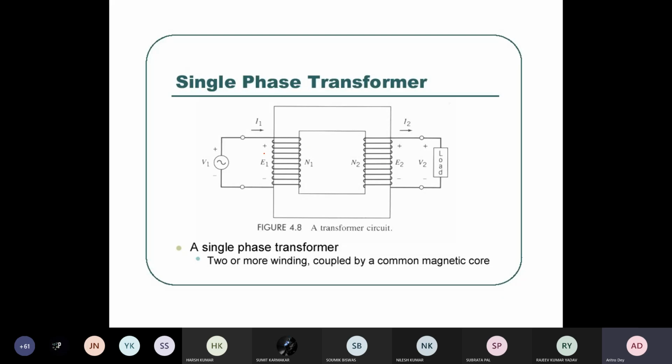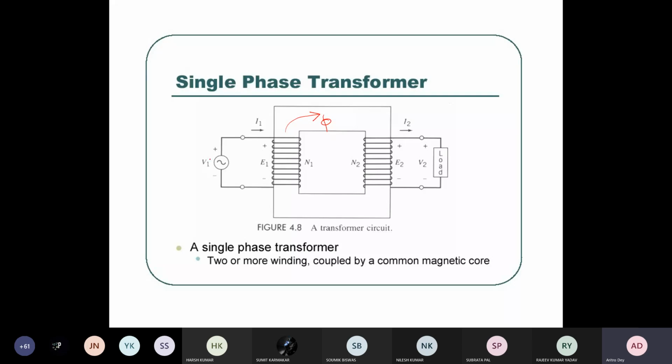Your n1 and n2 will be split: half of n1 here, half of n1 there, half of n2 here, another half of n2 there. That will reduce your losses, because whatever phi is produced in the core will be linked well with both coils if you split n1 and n2 both here and there. But for the sake of clarity in the sketch, we are drawing it like this.